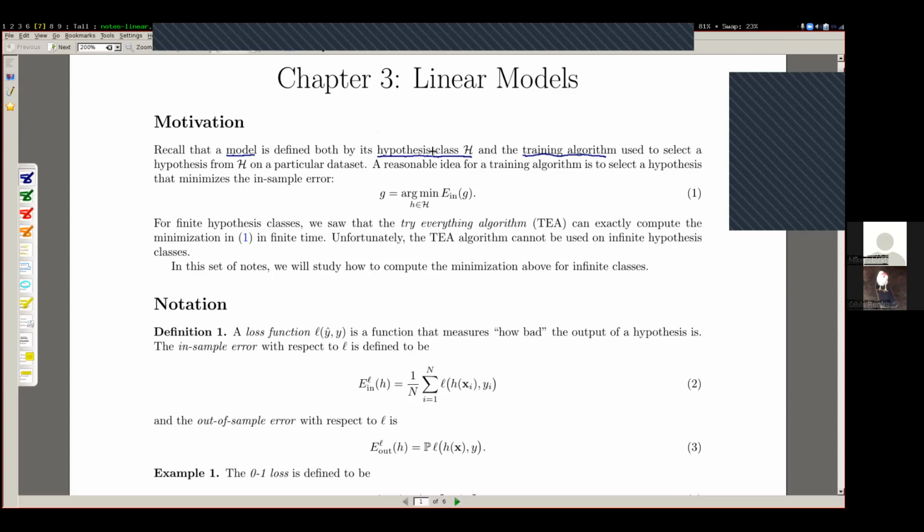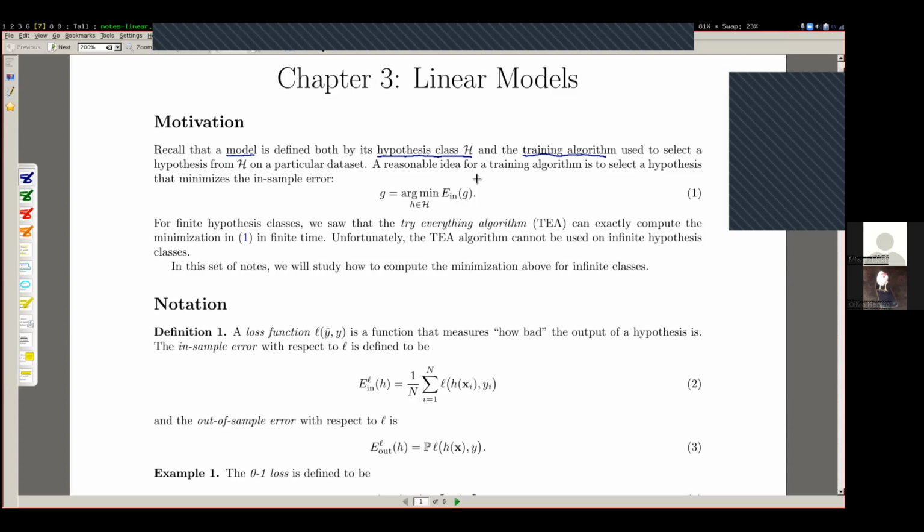And so far, we've just been focusing on the hypothesis class for our infinite dimensional hypothesis classes. Again, a reasonable idea for a training algorithm should be to somehow minimize this in-sample error, this E sub in, because if we minimize that, by our VC generalization bound, that is going to minimize our out-of-sample error.